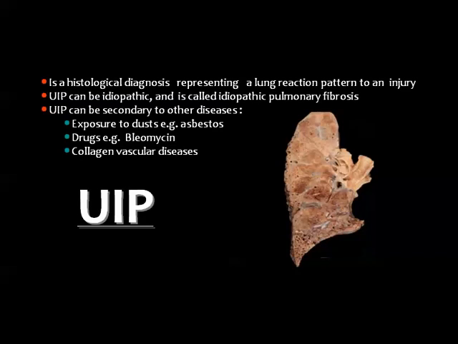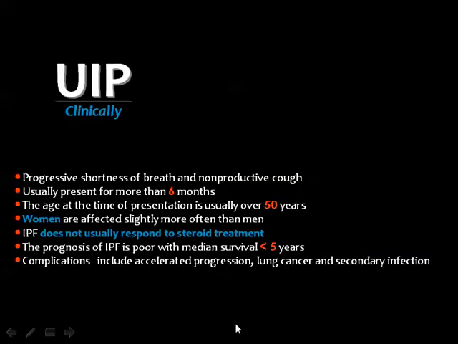This is very important. If there is no detectable underlying cause clinically for usual interstitial pneumonia, then you call this idiopathic pulmonary fibrosis. There are many causes for this disease, and it is a progressive disease of poor prognosis.